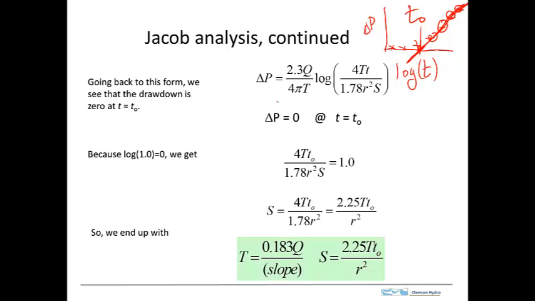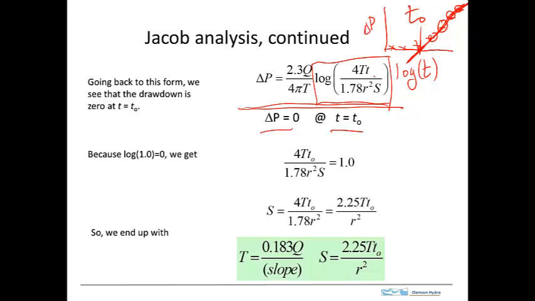So we come back here and say, okay, well, what has to happen to this analysis so that the drawdown is equal to 0 when the time is equal to this t sub 0? Well, the answer is that this guy here, the log of 1, is equal to 0.